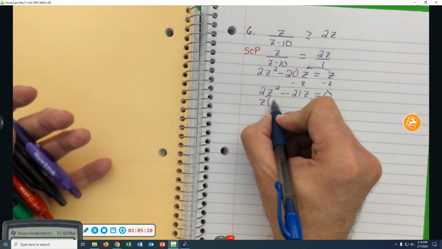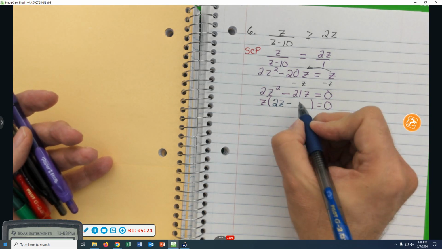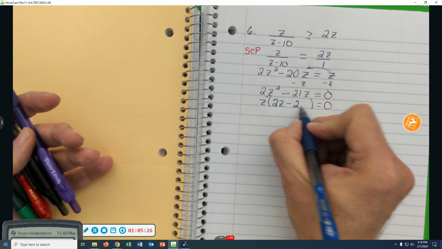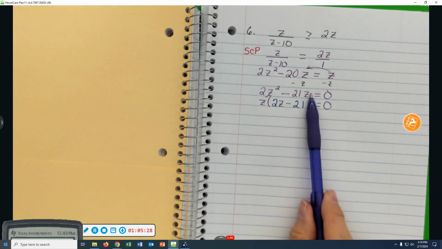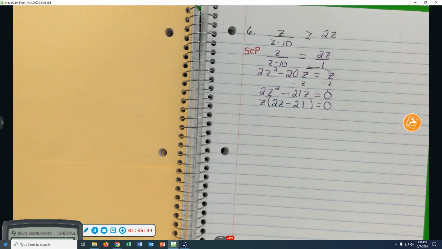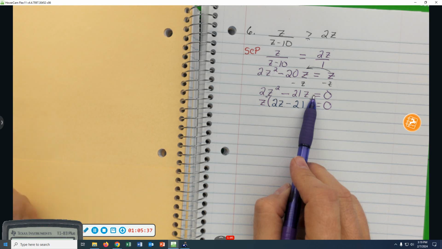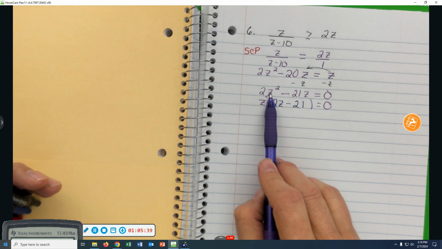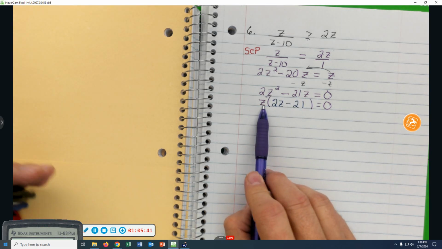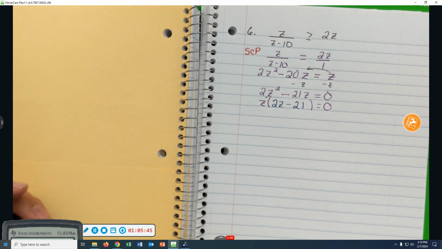It would be a 2z, then a minus what? 21. Okay? So this is the easy type of factoring, where you don't have to draw the two sets of parentheses or anything. If there's not a constant term in there with it, just factor the variable out of each term. Factor a z out, but there's one thing that's tricky about this.